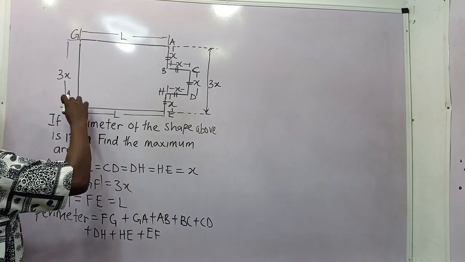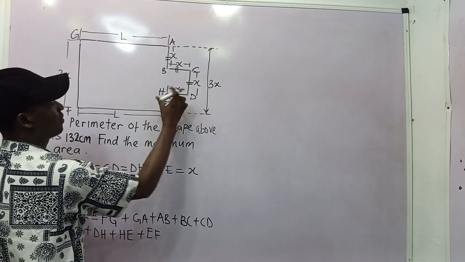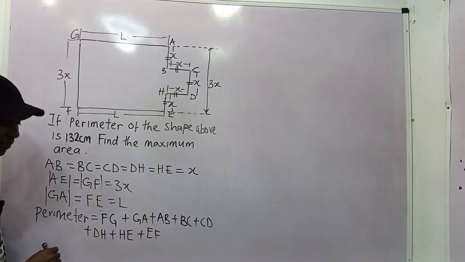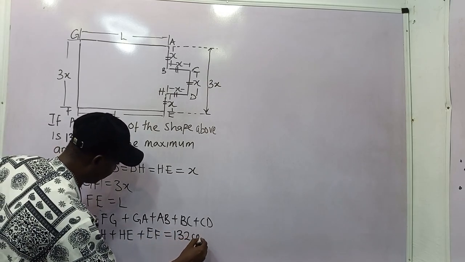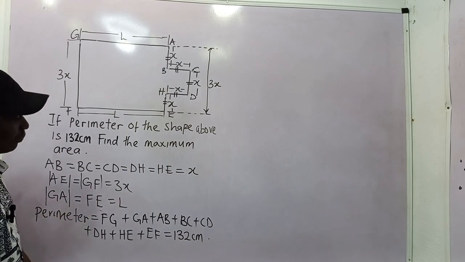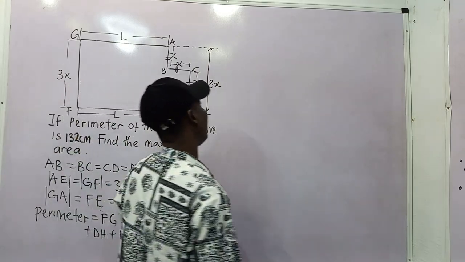So this plus this plus this plus this plus this plus this plus this plus this plus this gives us the perimeter of the shape, all equal to 132 centimeters. So having done that, it makes the work very easy for us. Now we can go ahead to finalize our solution.